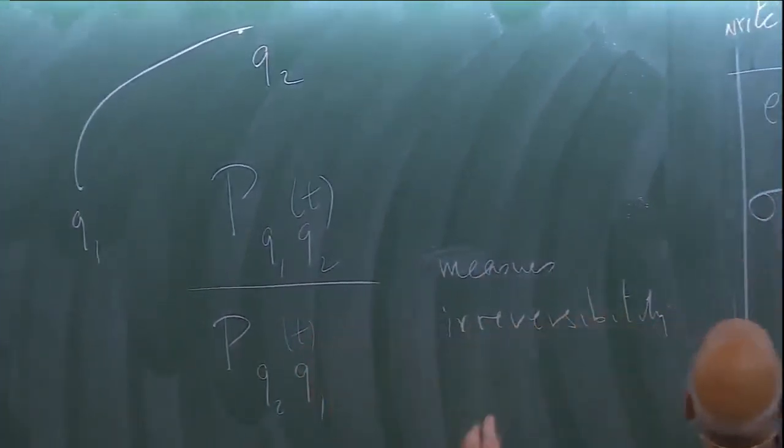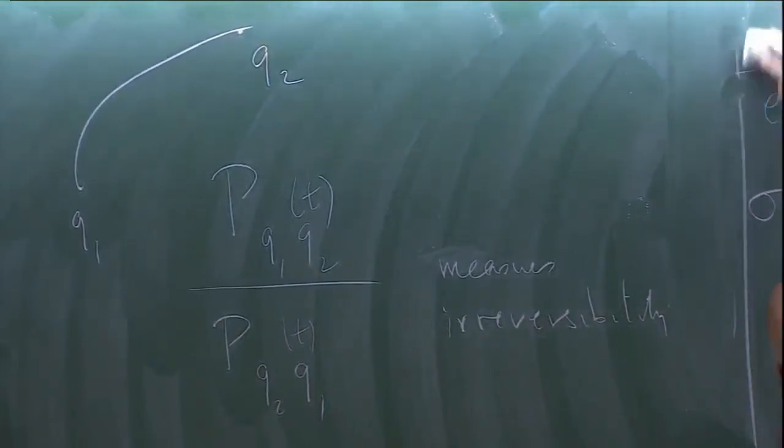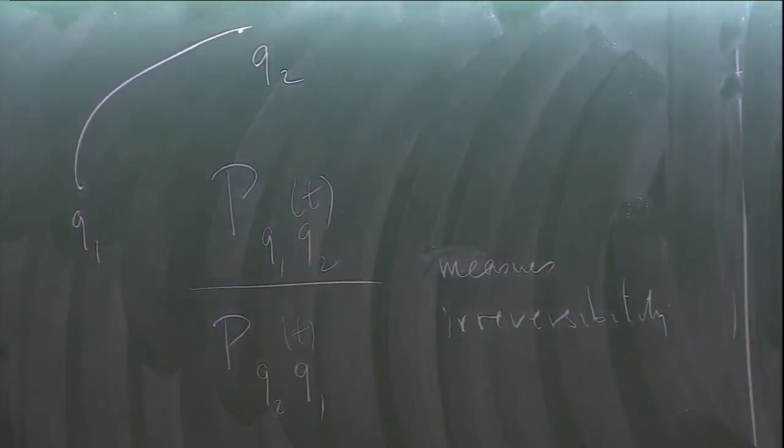Now I'm really not going to derive the precise way in which the quantity I'm going to use is related to what we're doing, because I just want to give you a flavor of the kind of thing we're doing.